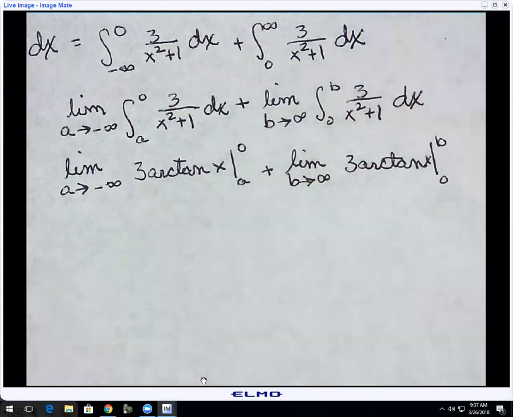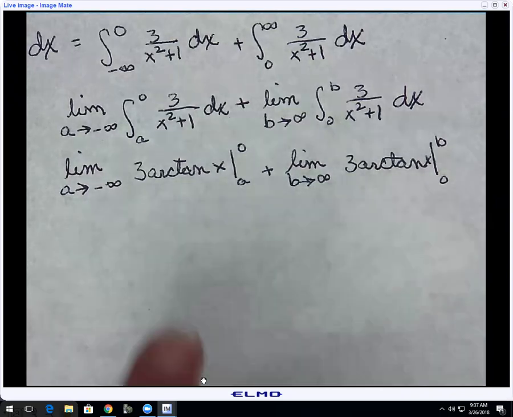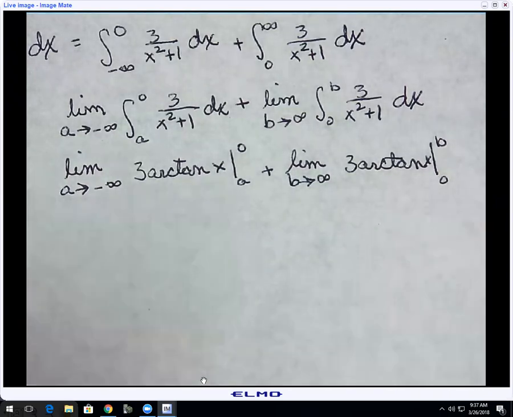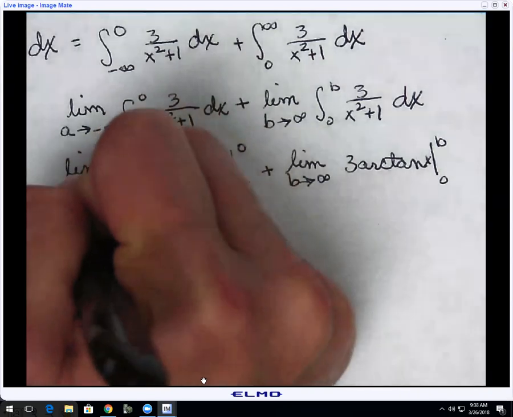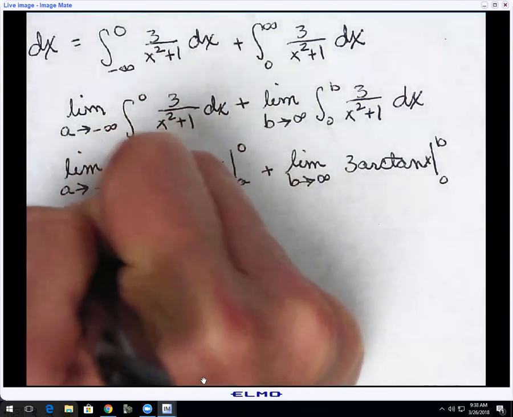That's step 2, we found the indefinite integrals. Step 3, fundamental theorem of calculus.